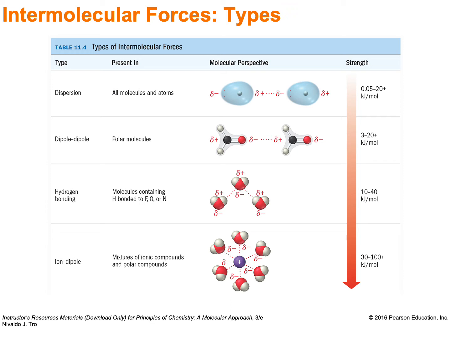Hydrogen bonding is a strong type of dipole force because you have hydrogen bonds between hydrogen and either oxygen, nitrogen, or fluorine. And the strongest of the intermolecular forces are ion-dipole, where you have mixtures of ionic compounds and polar compounds.